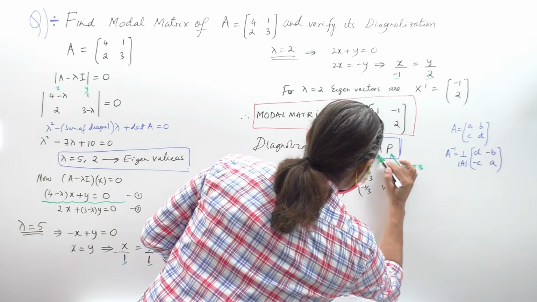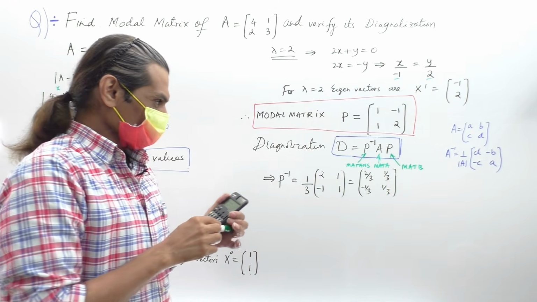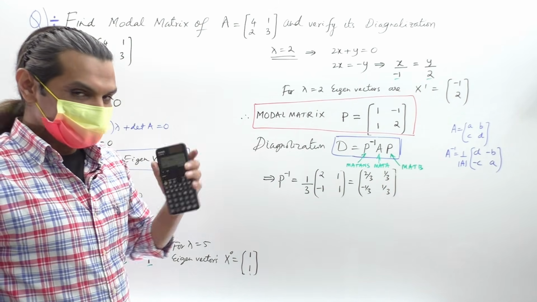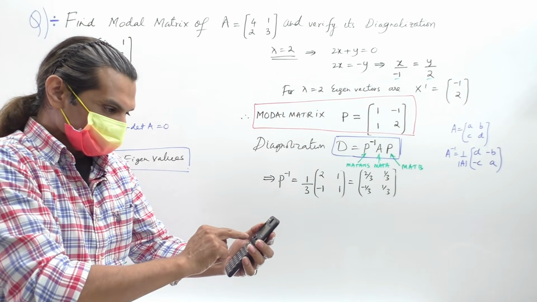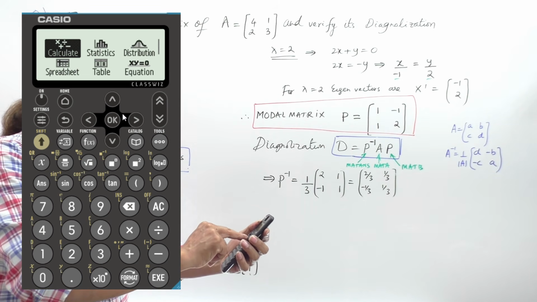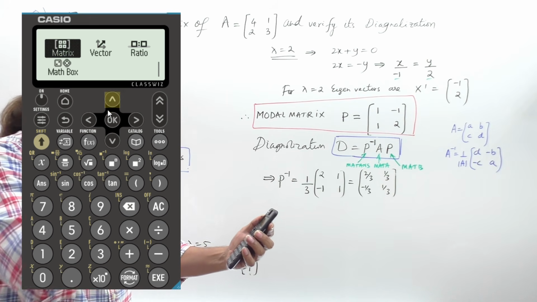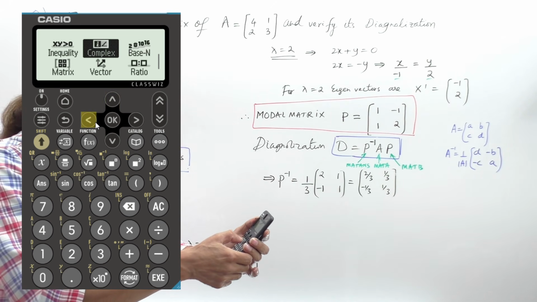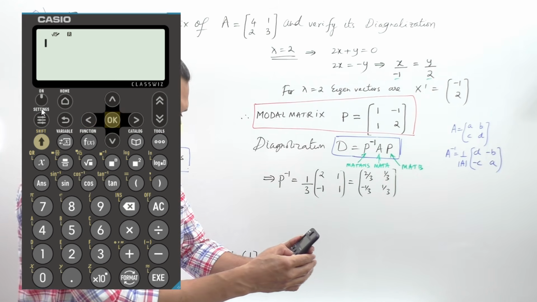And this matrix A, I will take as matrix A only. That's all, so things will become easy for me. Listen carefully and observe how I am doing it. First, go to Home, then go to Settings, Reset, then Initialize All, the best practice. Yes, fine. Now you go to the matrix mode.